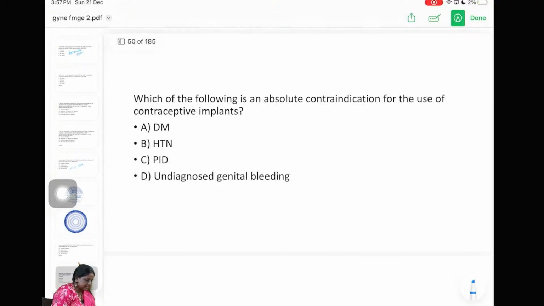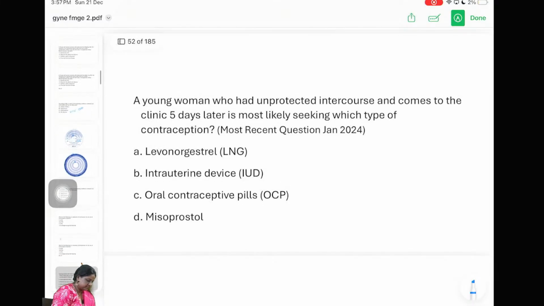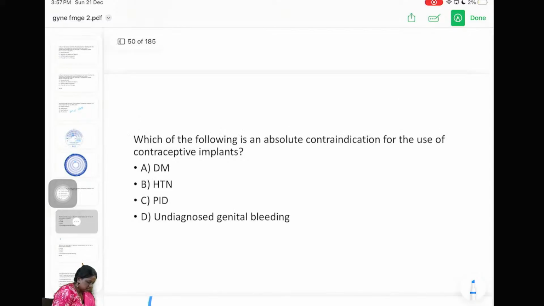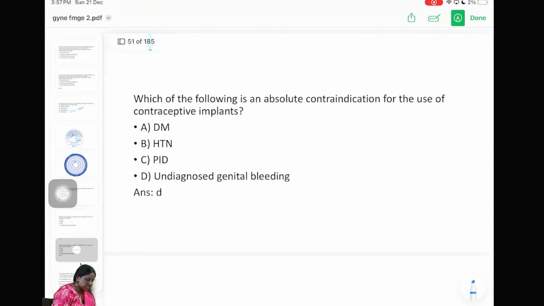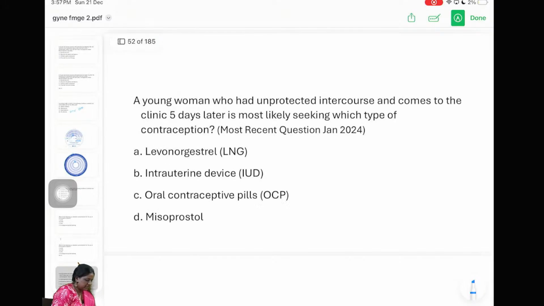Right. Which is an absolute contraindication for the use of contraceptive implants? Undiagnosed genital bleeding. Never use an implant if there is unexplained bleeding.